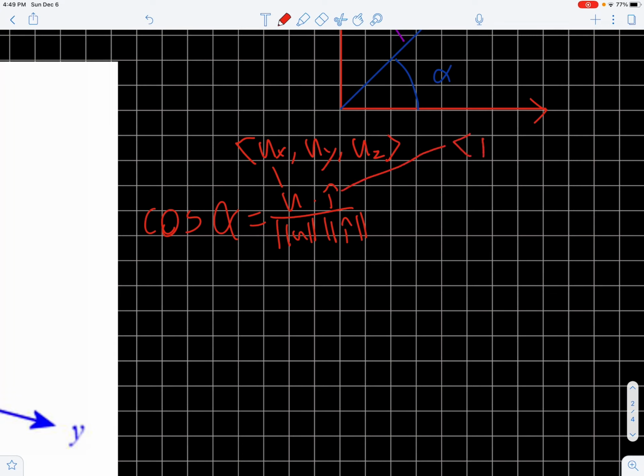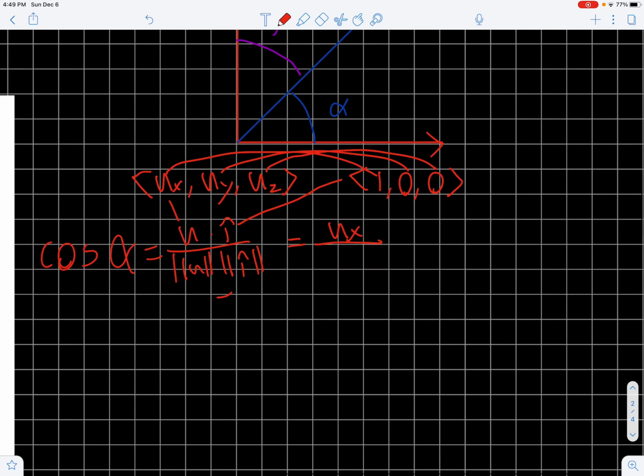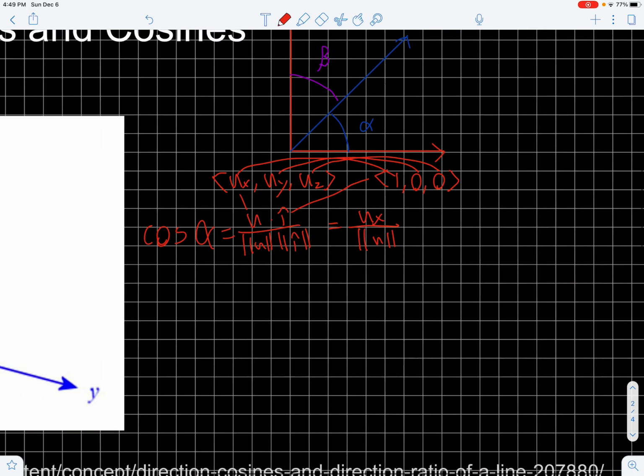And we've got our vector i hat, which is 1, 0, and 0. When we take the dot product between these two things, 0 times uy is just 0, and 0 times uz is just 0, and ux times 1 is just ux. So our dot product is just ux. Now down here, we know that the norm of i hat is just 1.